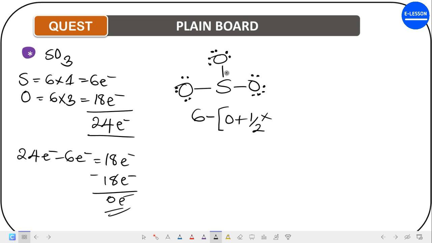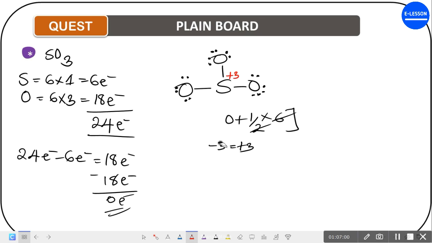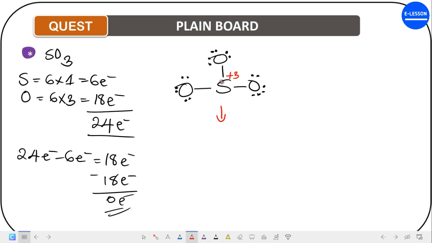Our bond pairs are 1, 2, 3, which is 6 electrons. This gives us 6 minus 3, which equals plus 3. It means the charge on this sulfur atom is plus 3. Now, this sulfur compound is not an ion, so we cannot have plus 3 as a charge. The charge must be 0.